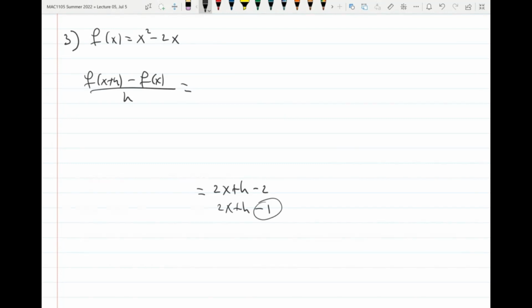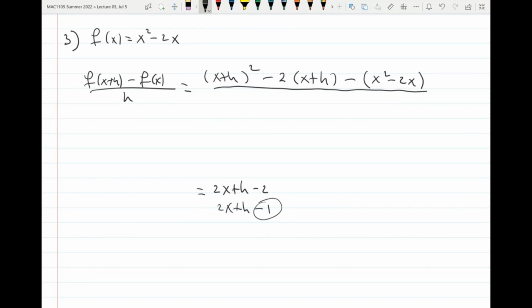Okay, so again, remember, go to the formula, and wherever you see an x, put x plus h. So I'm going to put parentheses first, and then put my x plus h inside. Then minus the function itself. Remember, use parentheses here because that minus is going to affect the entire expression. All over h. Is everybody okay up to here?